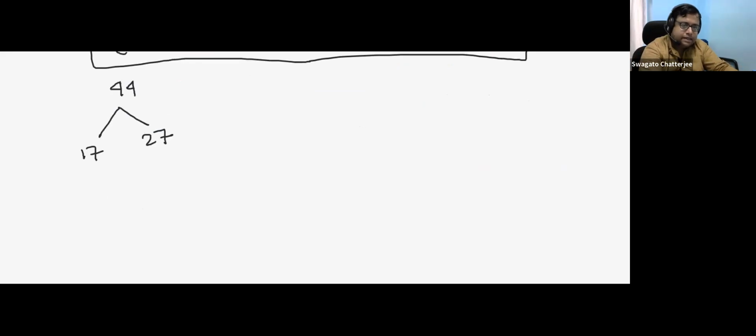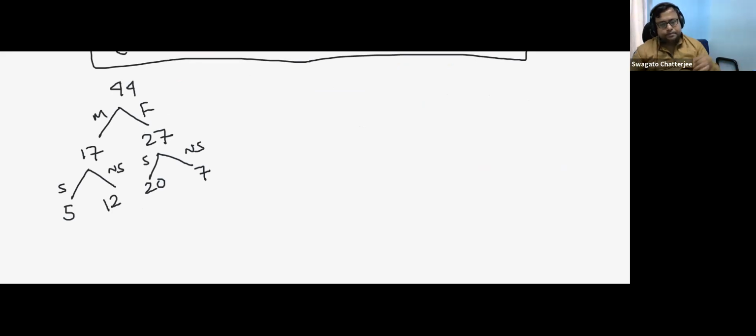And out of these 17 male, there were 5 people who were wearing spectacle, and no spectacle was 12 people. And out of these 27 female, there were 7 people who were not wearing spectacle, and 20 were wearing spectacle.